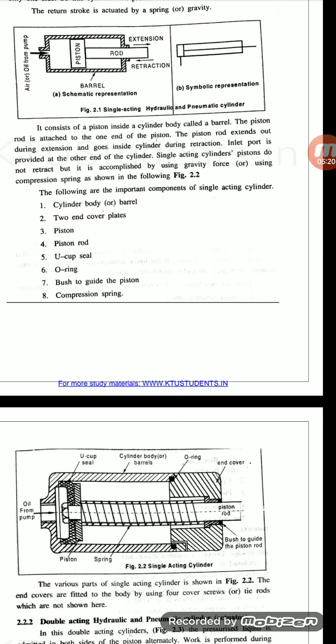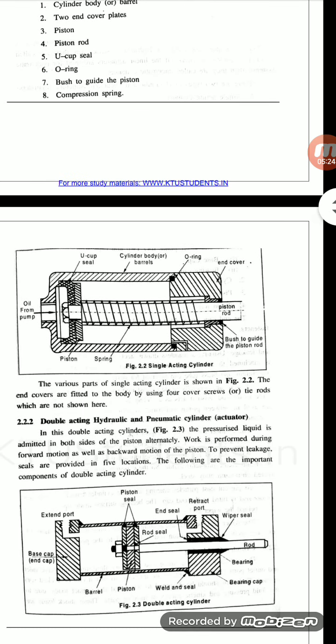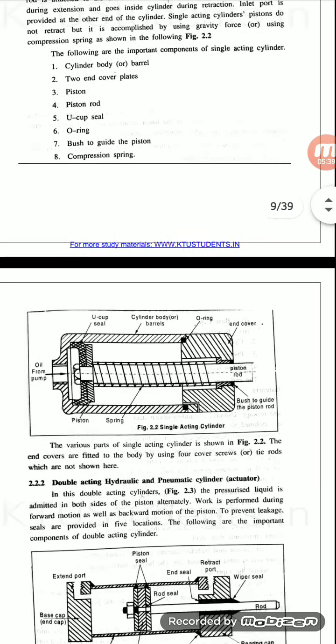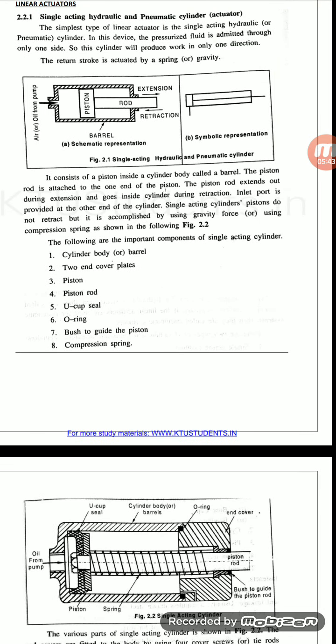These are the main parts of the cylinder. In this single acting cylinder, the end cover is fitted to the body by using the four cover screws. So this is the single acting hydraulic and pneumatic cylinder.